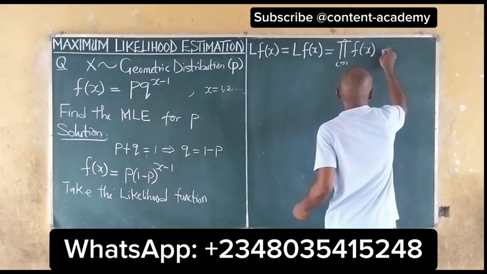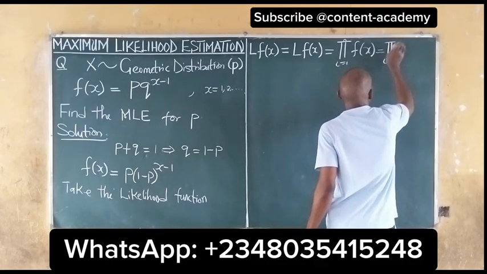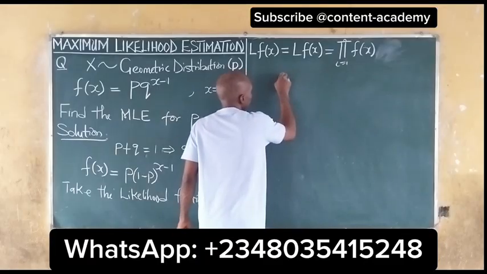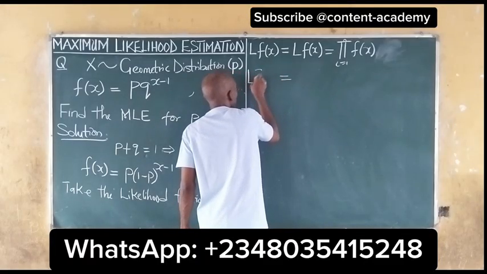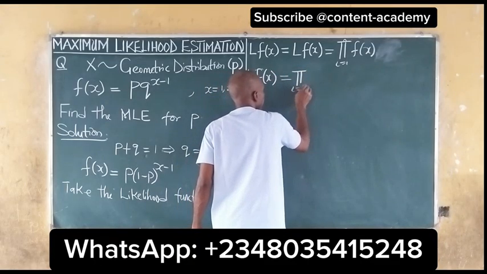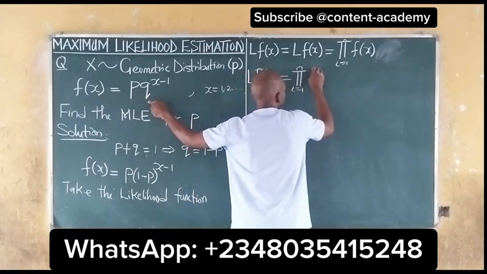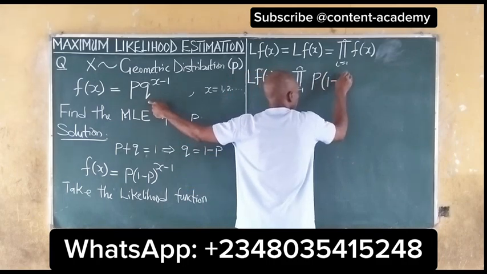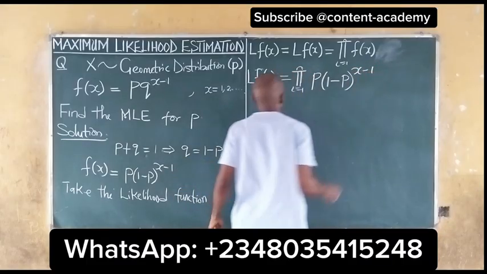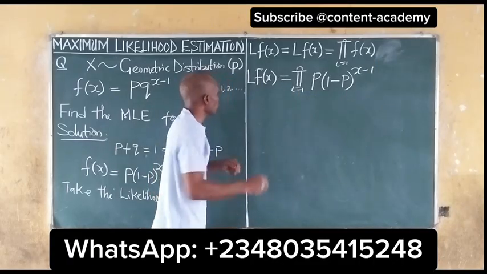And what is the function? The function is p into (1 minus p) raised to the power x minus 1. So we take the product of this geometric distribution.